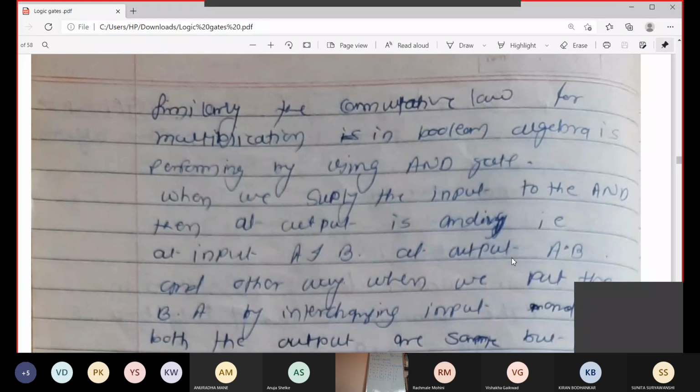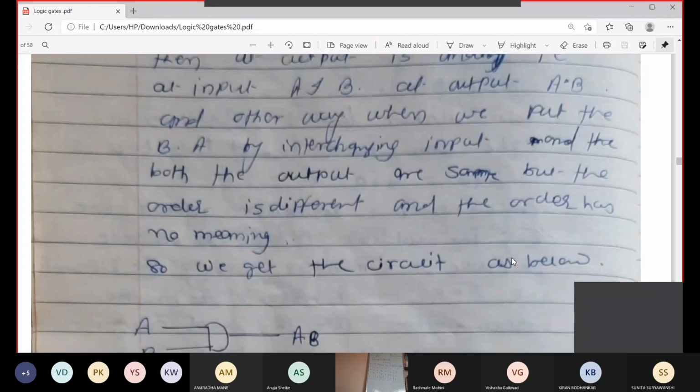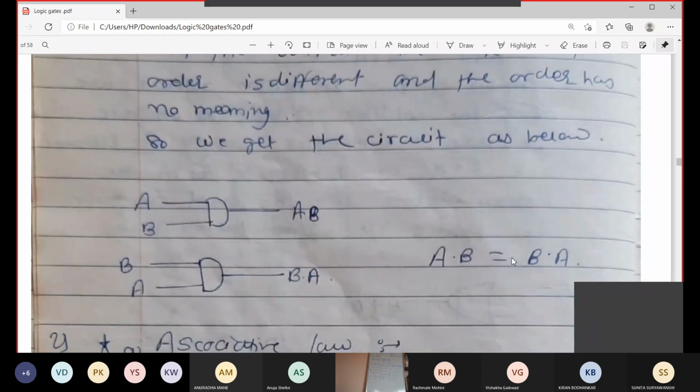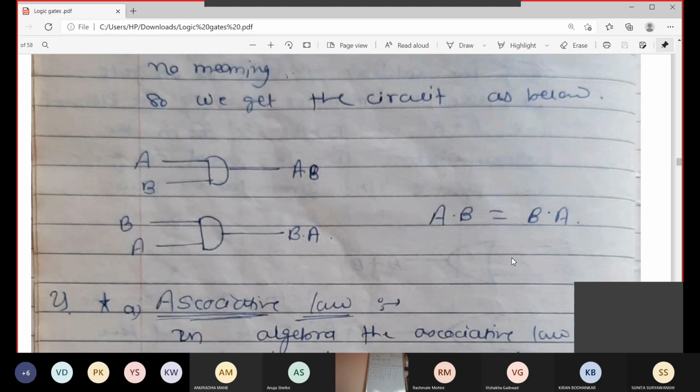In the other way, when we put b into a by interchanging the inputs, both outputs are the same. If a is 1, b is 0, then 1 into 0 is 0. If I interchange the inputs, 0 into 1 is again 0. So a into b is equal to b into a. That is the commutative law for multiplication.